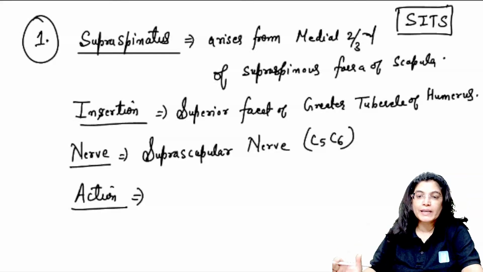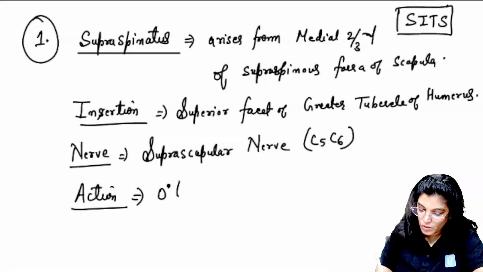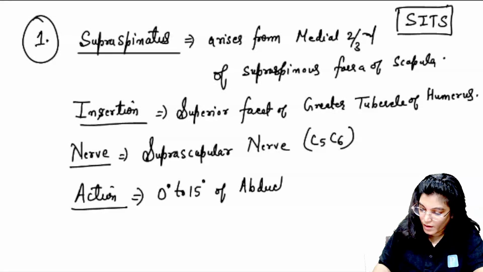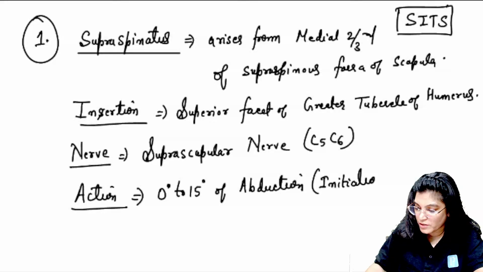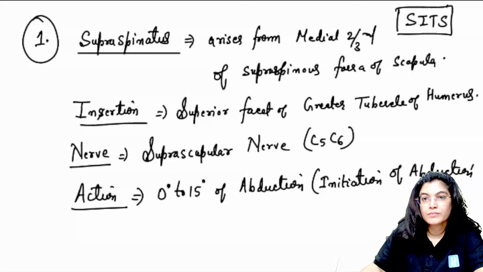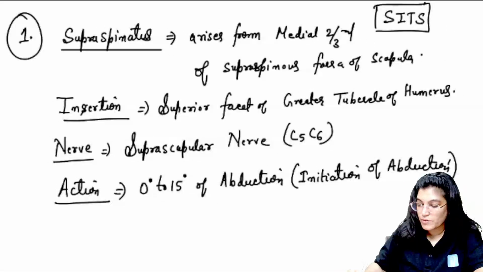So 0 to 15 degrees of abduction is done by the supraspinatus muscle. That means it causes initiation of abduction of the arm.